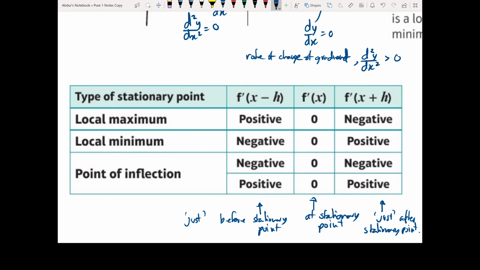So this would be positive, 0, negative. This would be negative, 0, positive. This is negative, 0, and then negative gradient. Here it's positive gradient, 0, and then positive gradient. So we can see here what this actually makes: a local maximum, a local minimum shape, point of inflection, point of inflection.